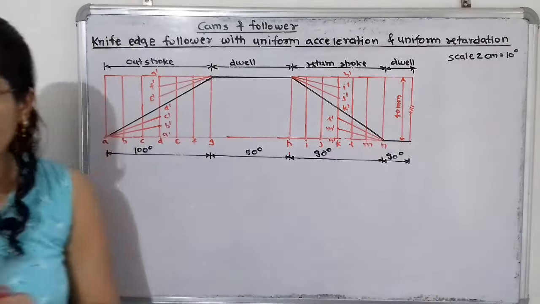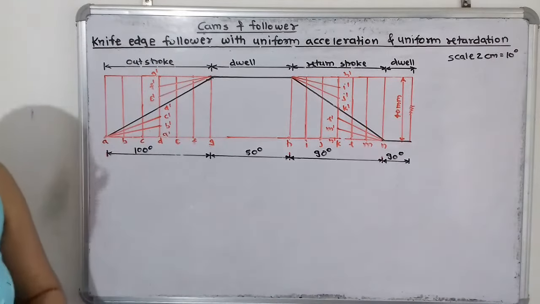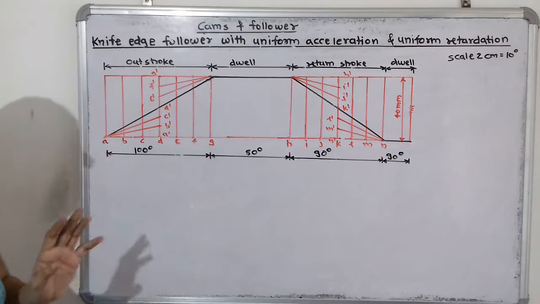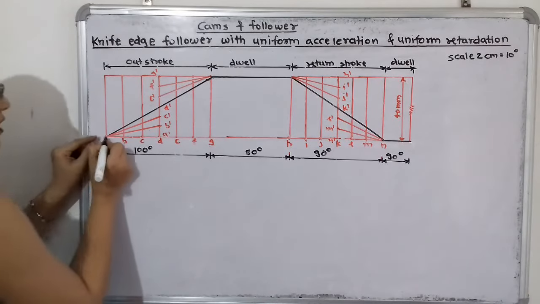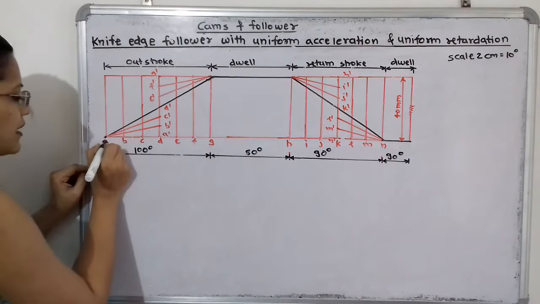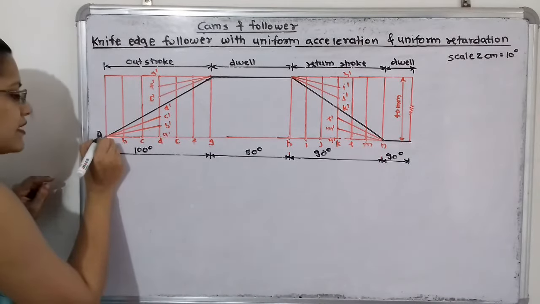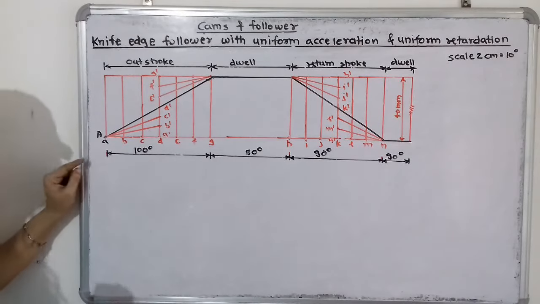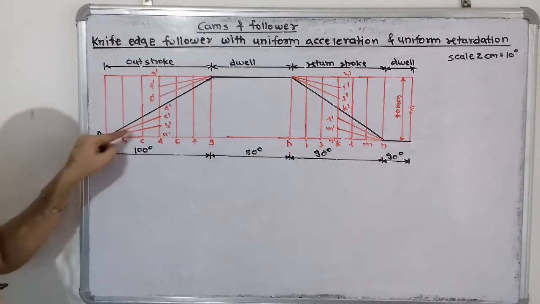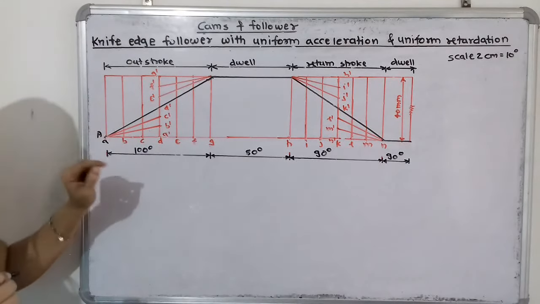Now we have to select the points, and these points will be the trace points. So how to select? For that we have to select the point of intersection. Now here the point A is the point of intersection with this initial line, and this is the starting point. So I will write here capital A. Then the next is the second line passing through this corner and joining to B dash.